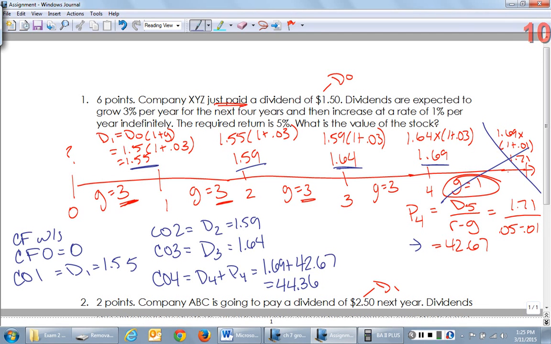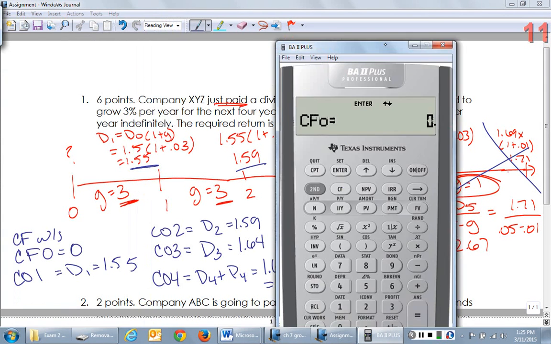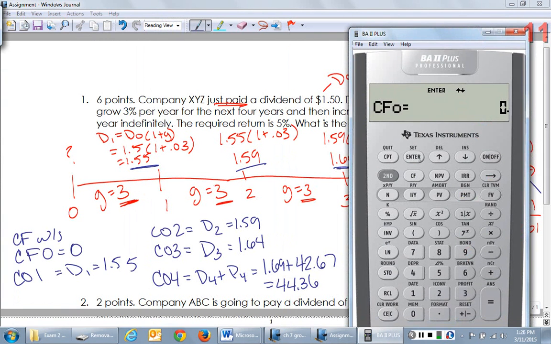So we put this into our cash flow worksheet on our calculator. Remember, you push the cash flow button, and to clear out the cash flow worksheet, we push second and clear work. Our cash flow at time period 0 was 0, so enter in the down arrow. Cash flow at time period 1 is dividend 1, $1.55. Enter. Down arrow. We can skip frequencies, so down arrow again.